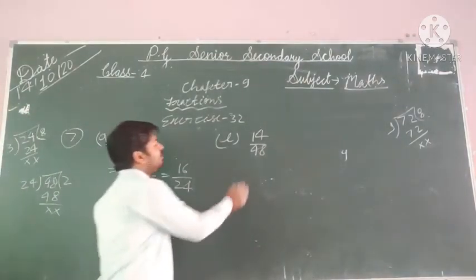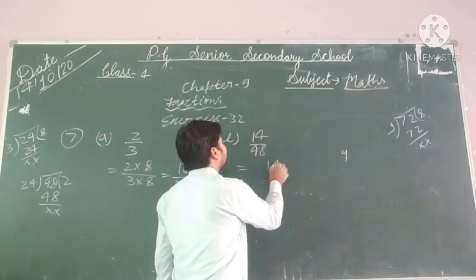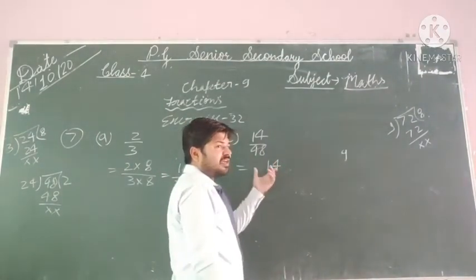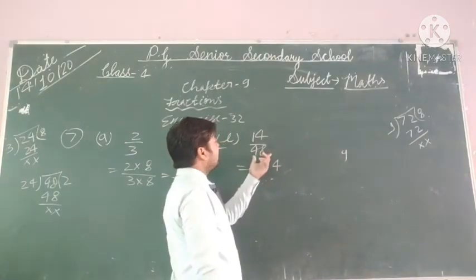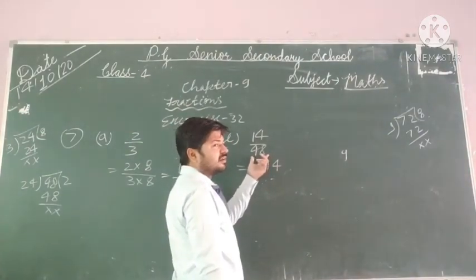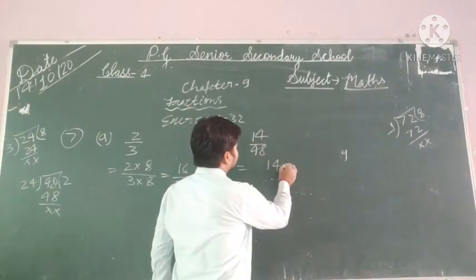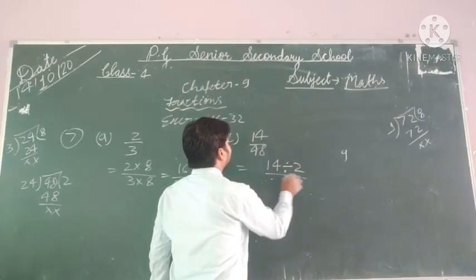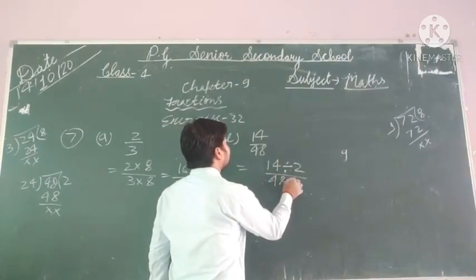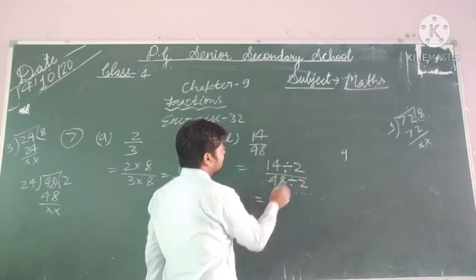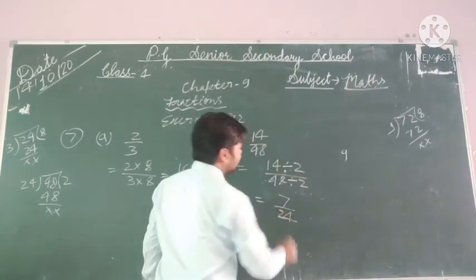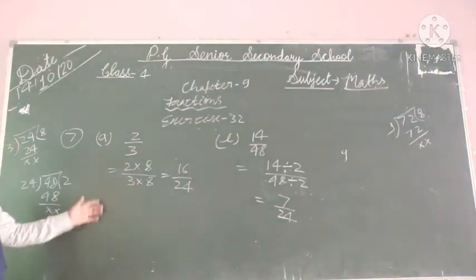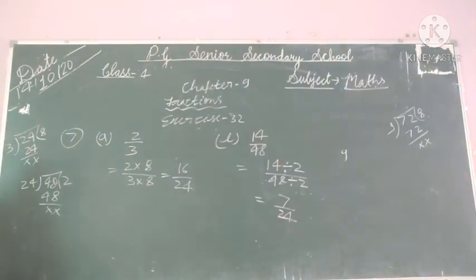So now it will be divided by 2. It will divide or multiply? Divide करने से ही आएगा, मल्टीप्लाई करने का आ जाएगा क्या? 14 divided by 2 and 48 divided by 2. So upside 7 and downside 24. Okay. So like this you can do question number 7 and 8.